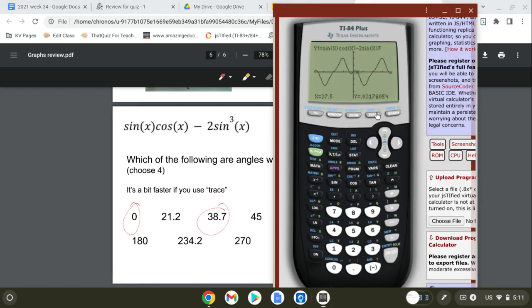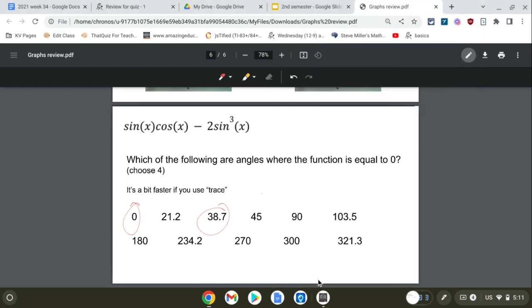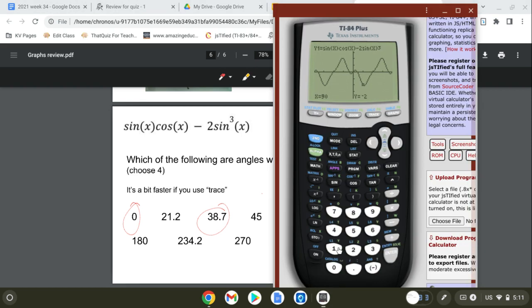All right, trace. 45, oh, that's a 4. 45 is not it. 90 is not it. 103.5. Maybe that's it. Oh, darn it.